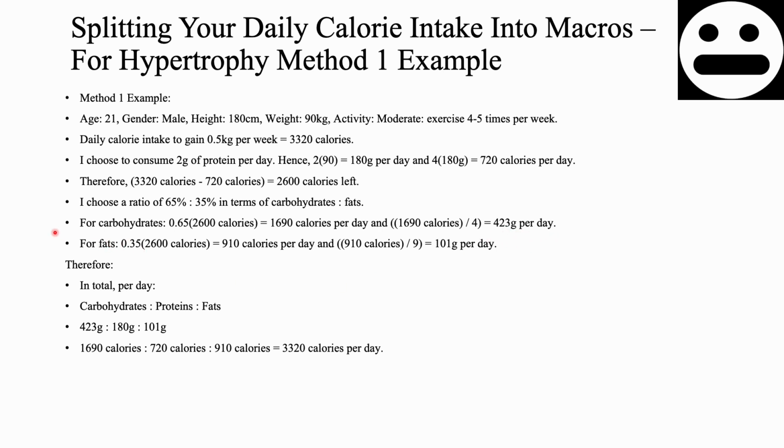And then we do 0.35 times 2600 equals 910 calories per day. And if you divide that by 9, you get 100 grams of fats per day. Therefore, in total per day, carbs 423 grams, 180 grams of protein, and 101 grams of fats. In terms of calories, 1690 calories of carbs, 720 calories of protein, 910 calories of fats.